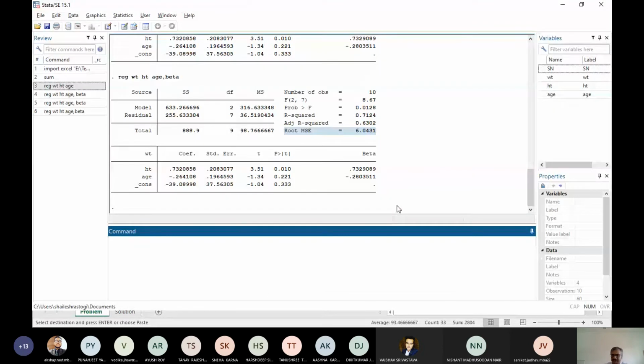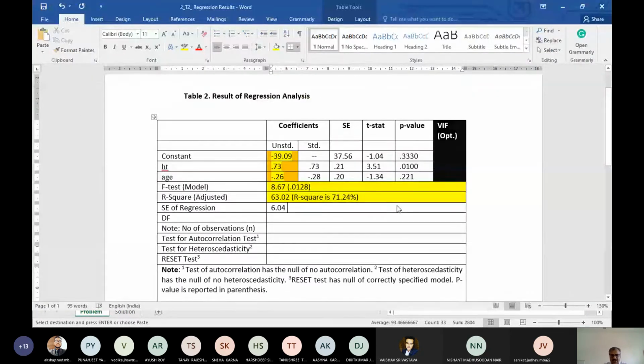And it is not relative. So if two running models are there, then you can compare. Otherwise, as such, it is not a big thing. But it should be reported because people say that it should be reported. It gives you at least some feel of what the SE of the model is. So like we are reporting this, we are supposed to report this also, standard error of regression.